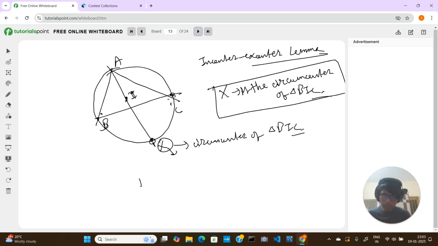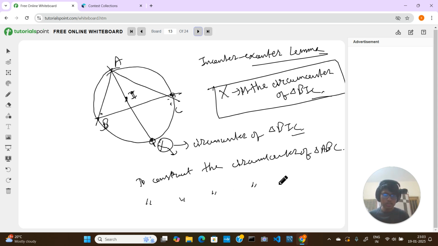So the original problem was to construct the circumcenter of triangle ABC. The new problem is to construct the circumcenter of triangle BIC. This may seem nothing nice because the original problem was also to construct the circumcenter.